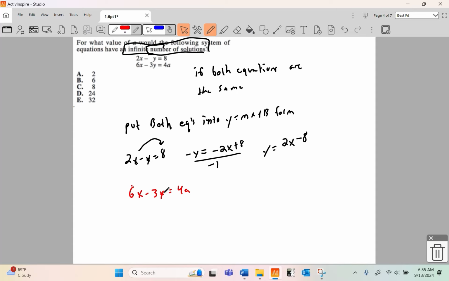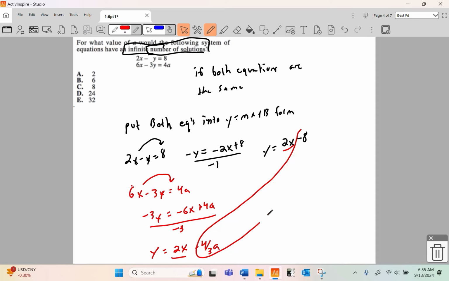I'll worry about what a is in a minute. Negative 3y equals negative 6x plus 4a. I shifted my x's over. I'm going to divide out that negative 3. y is 2x. Notice those match. Minus 4/3 of a.